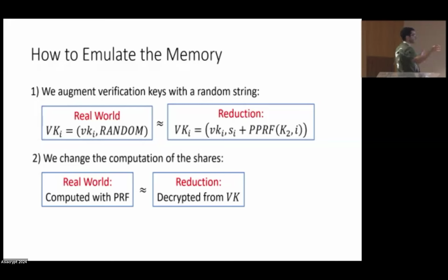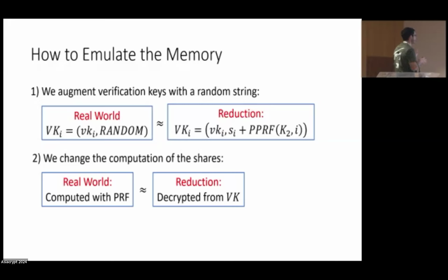Here is how we implement the memory. The memory is all the verification keys of all the parties, and reading from the memory is just decrypting from these keys. And then we are also changing the computation of the share. In the real world, the program will compute the share with a normal PRF, which is not a puncturable PRF anymore.